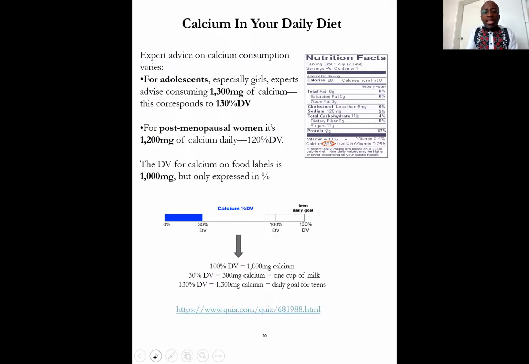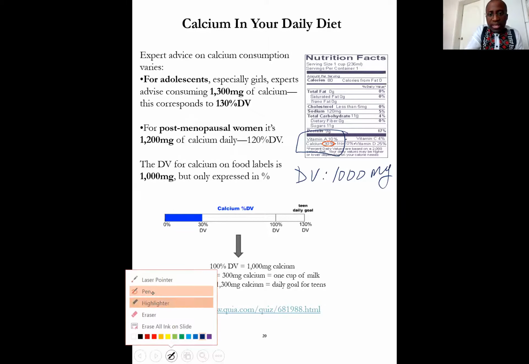Now, let's talk about the last one here, calcium. Daily value for calcium is 1,000 milligrams. But what do we see? We see here 30%. Look at your notes. I'm just going to highlight it.